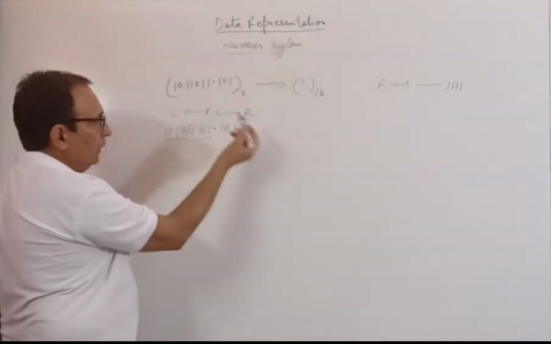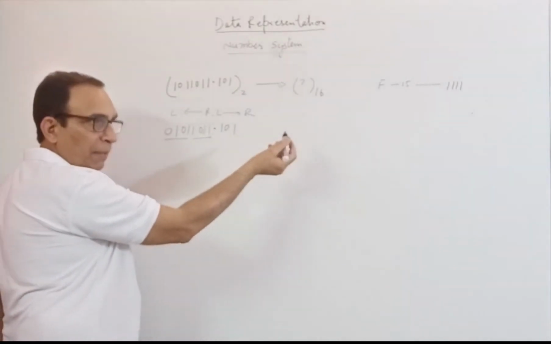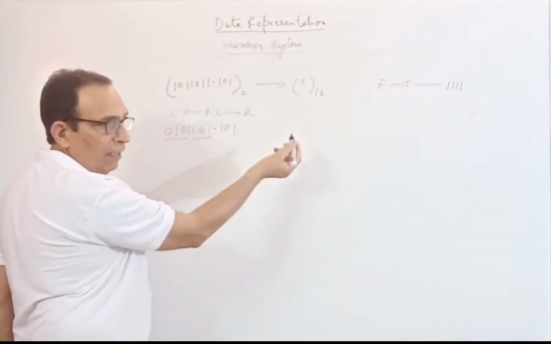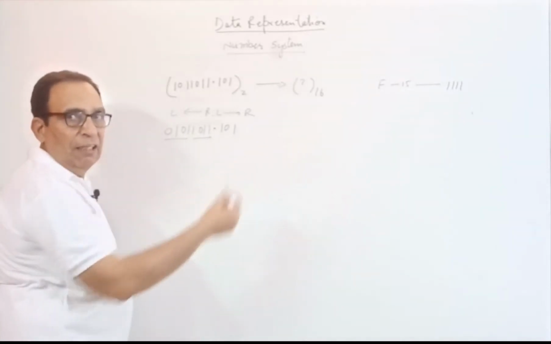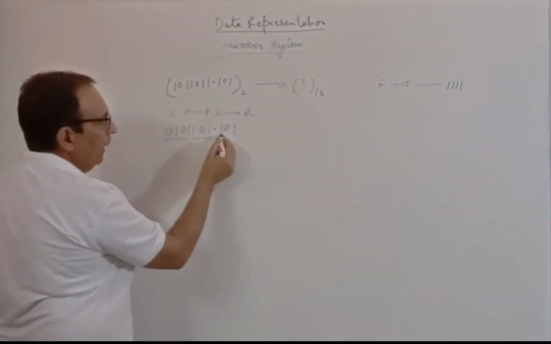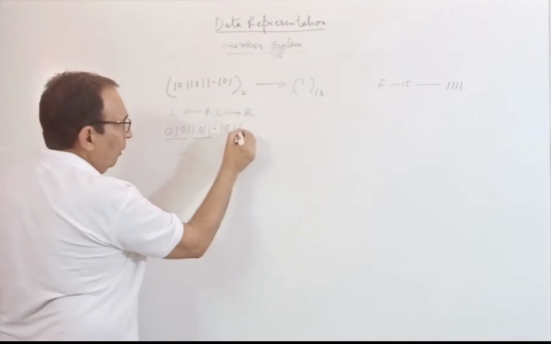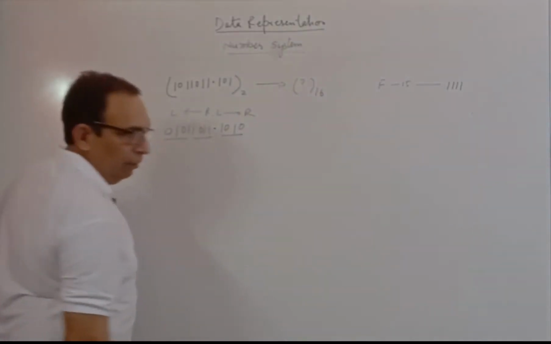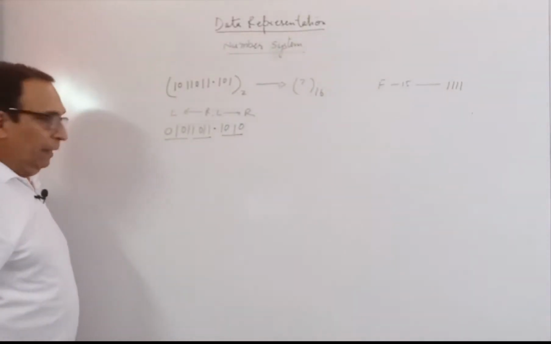In the part after the decimal point, you can add as many 0s as required towards the rightmost side, because again zeros on that side are meaningless. So to make 4, because there are 3 already, you have to add 0 over here. This is the group of 4 bits.